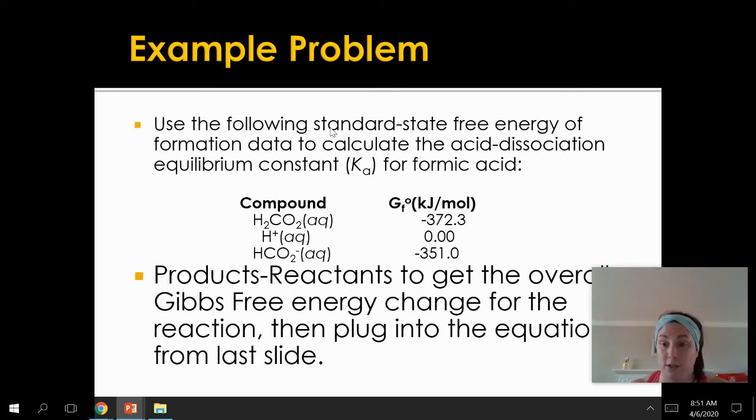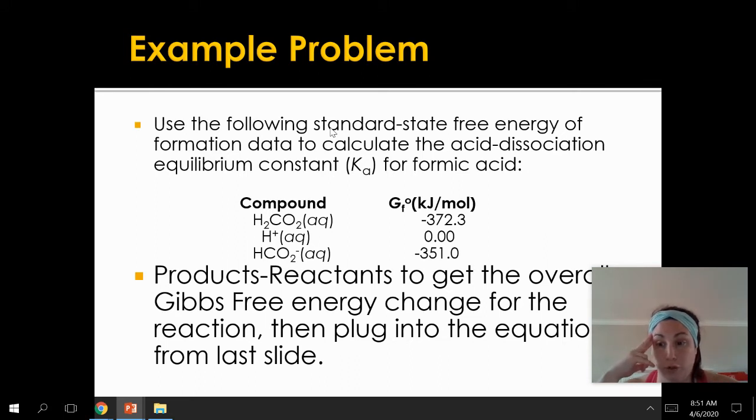Once you have your delta G, then you can plug into that delta G equals negative RT ln of K to calculate K, because it's left ambiguous on purpose. You can use that equation to calculate a Ka or any Kc, right? Kb, Ksp, or a Kp, right?